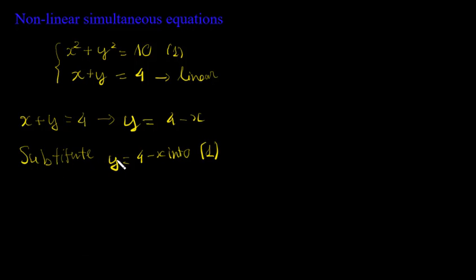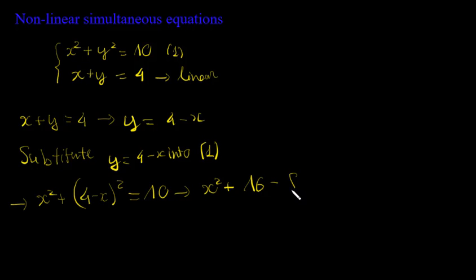After substituting, this is what we get: x squared plus (4 minus x) squared equal to 10, so x squared plus 16 minus 8x plus x squared equal to 10. So we have 2x squared minus 8x plus 16 equal to 10.